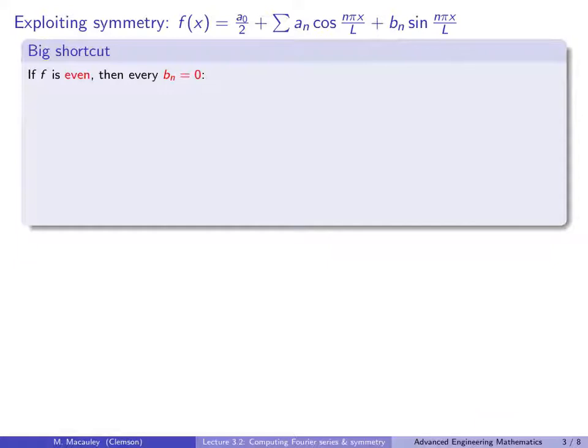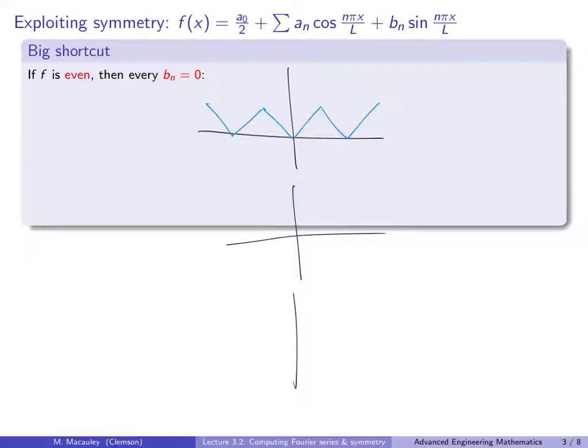So if f has this even symmetry, like it's symmetric about the y-axis, something like this, and we want to write this in terms of sines and cosines, then I claim that it is only going to contain cosine waves, because they have the same type of even symmetry as f, and it will not contain any sine waves because sine waves have odd symmetry.